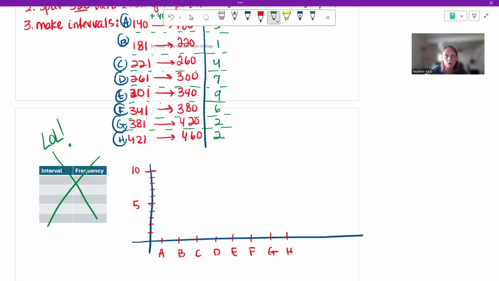Here, let me change colors. I'll go with just green. So A goes up to 5. B to 1. C to 4. D to 7.